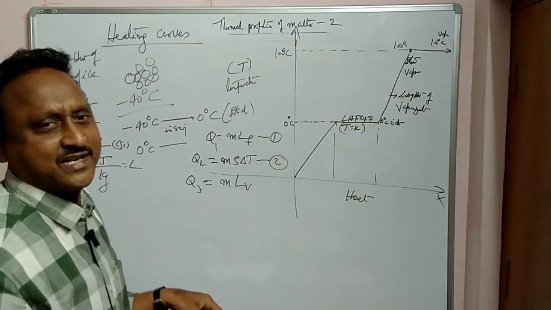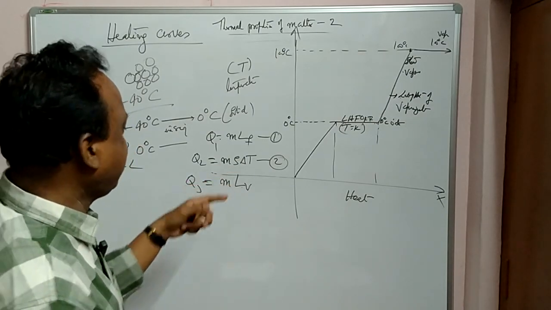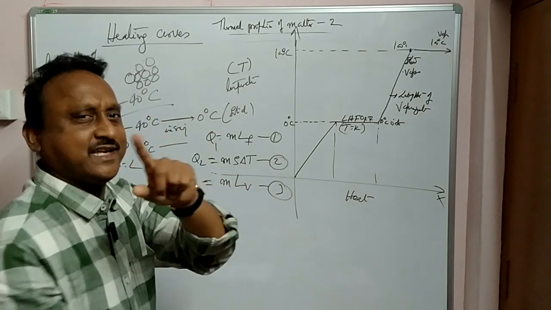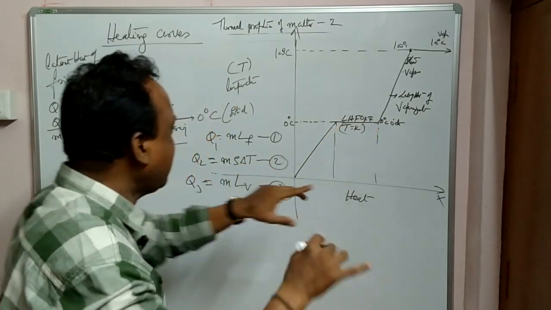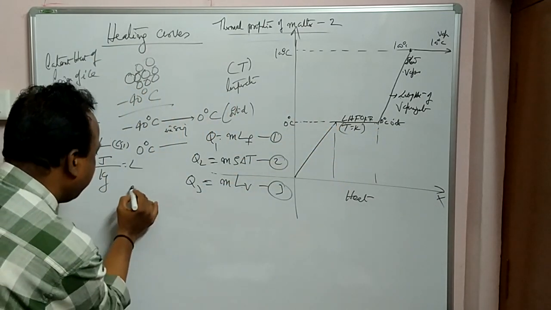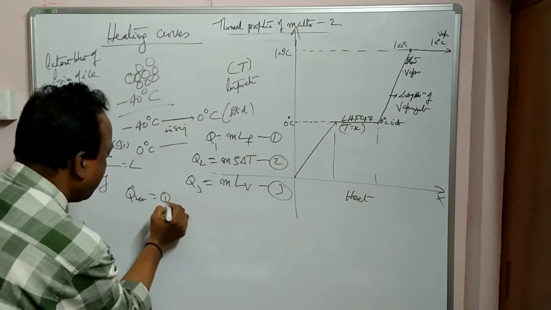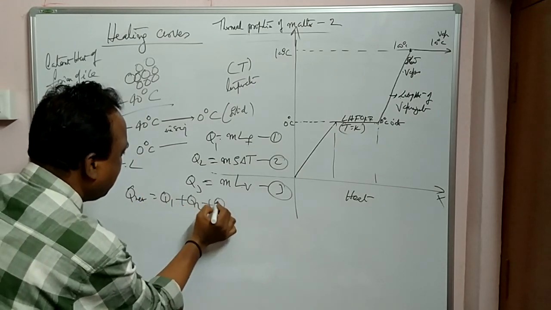Latent heat of vaporization. This is equation 3. How many stages? So what is the net heat? Net heat Q net is equal to Q1 plus Q2 plus Q3.